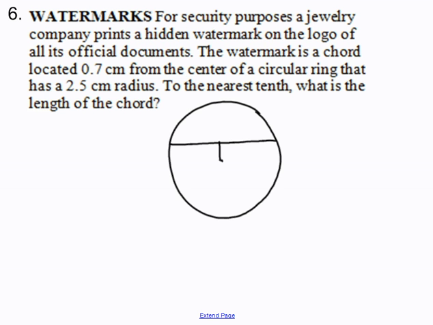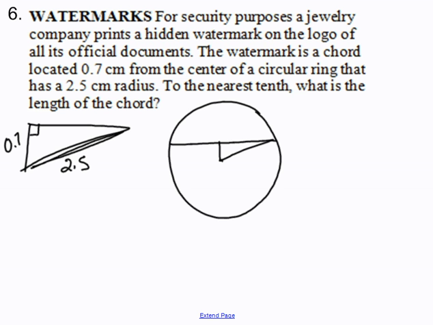And then it has a 2.5 centimeter radius. Well, I can take that radius and put it right there. So I have now a right triangle, and I'm going to pull that right triangle right out of there. I'm going to say this is 0.7, and the radius, which is this guy right here, is 2.5.